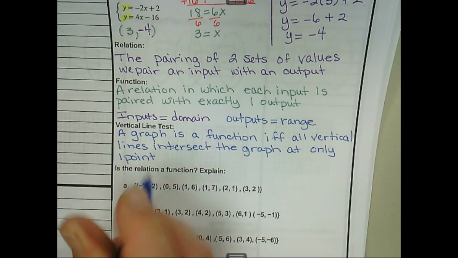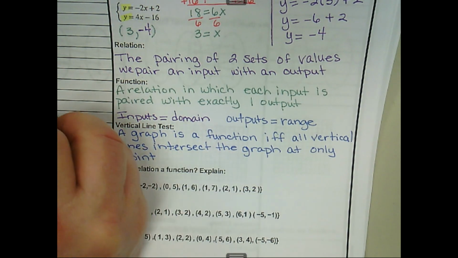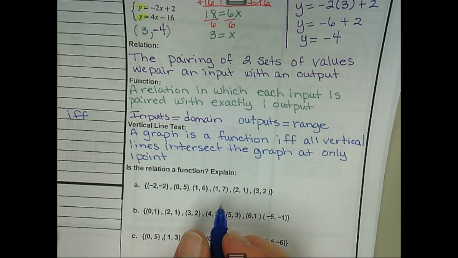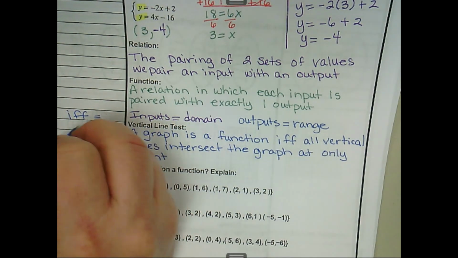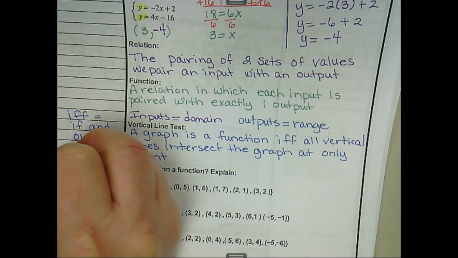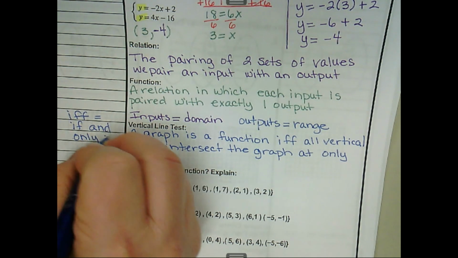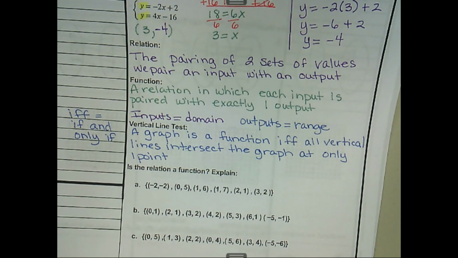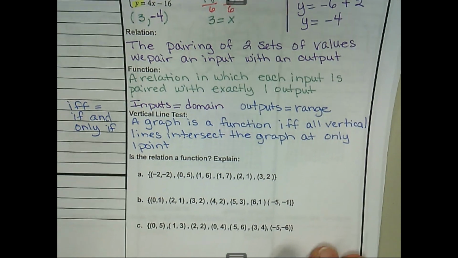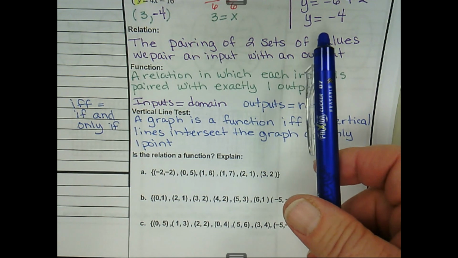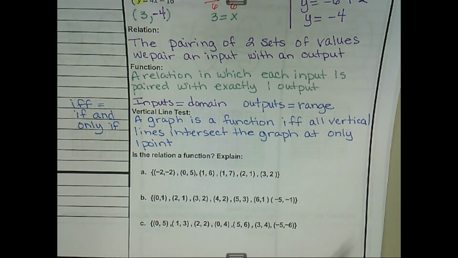Okay, now we need to know what IFF means. IFF means if and only if. Saves a lot of writing. So if you draw that vertical, that straight up and down line on your graph, it will only hit your graph or intersect your graph at one point.